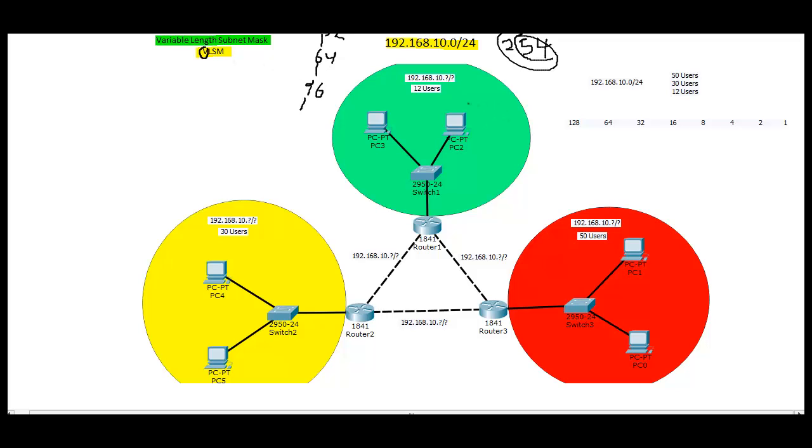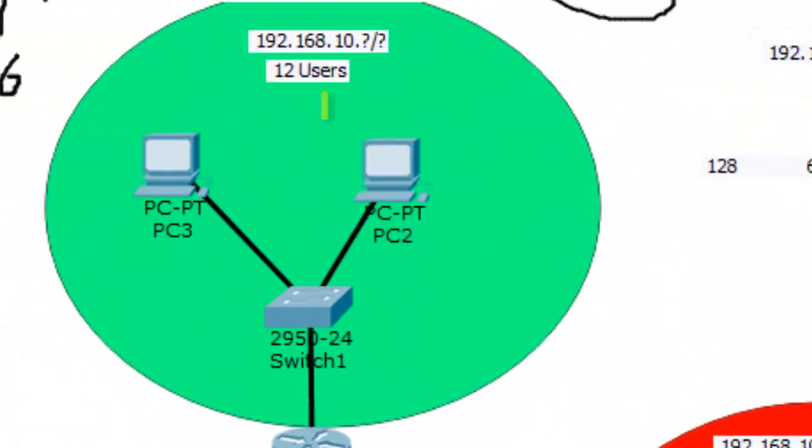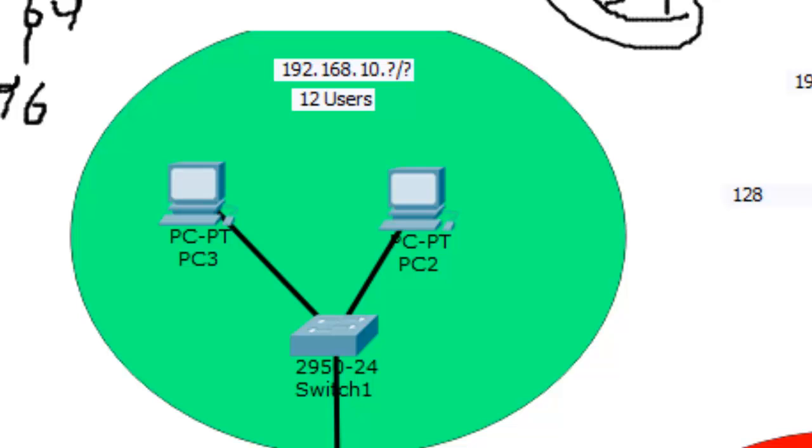For example, here we have the green network. As you are working as a network administrator or network engineer, you want to design the IP addressing for this network. It has 3 branches: the green, the yellow, and then the red network. Say the green network is a branch that's maybe in the city or maybe inside the same company, but it's a different department.